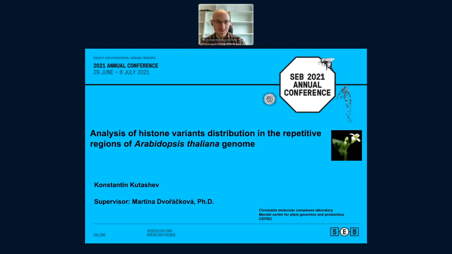This work was called Analysis of Histone Variant Distribution in the Repetitive Regions of the Arabidopsis thaliana genome, with main focus on H3 histone variants and rDNA as a repetitive region.